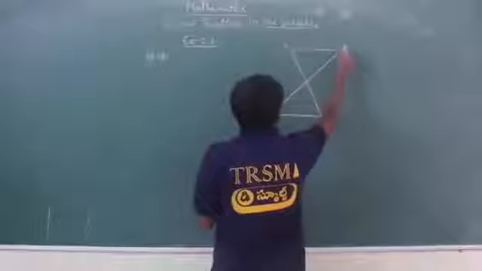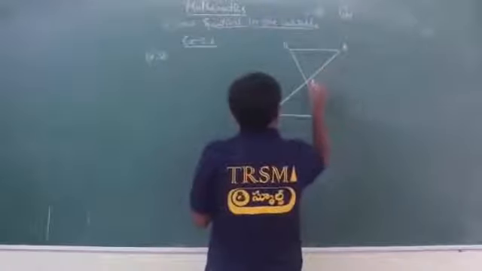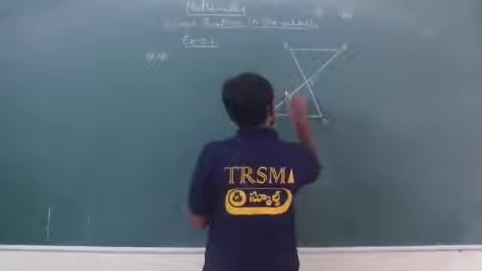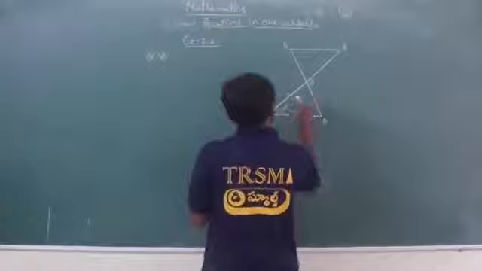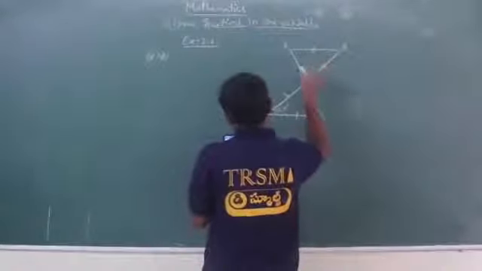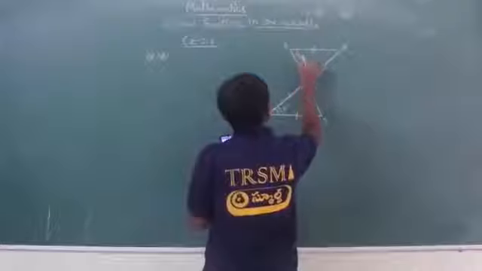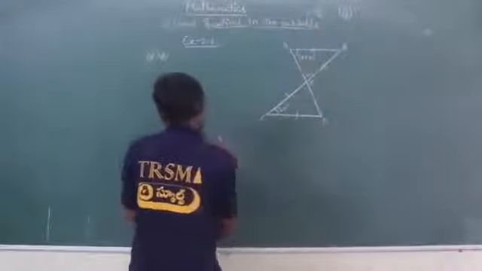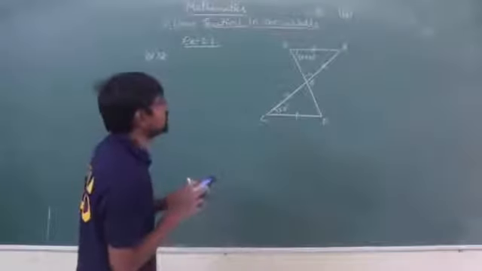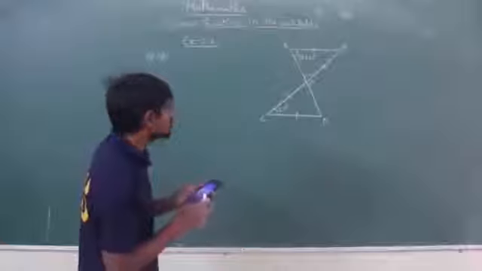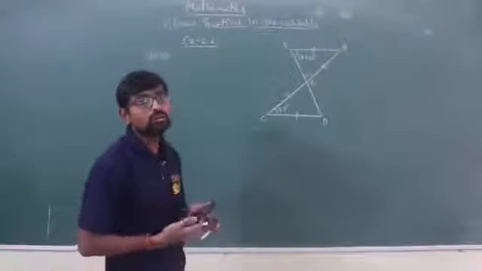Here you have P, A, O, C, D. This is what was given in the question, and what he asked in the question is to find the value of x.